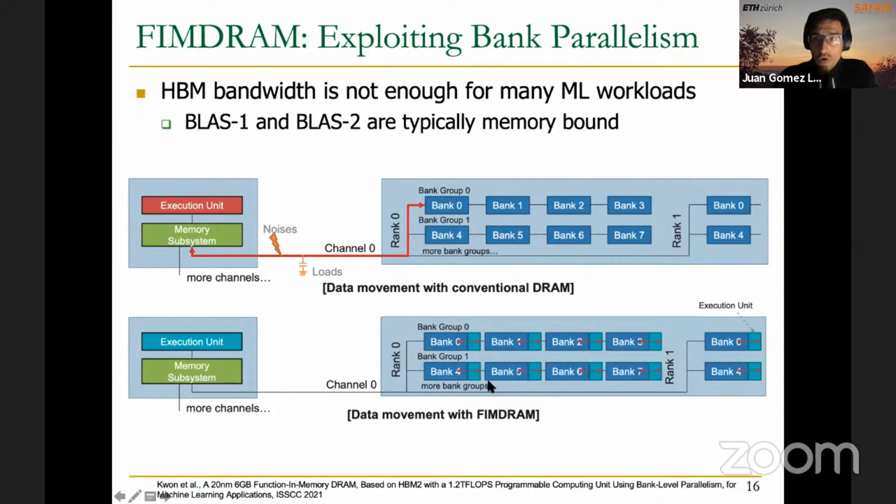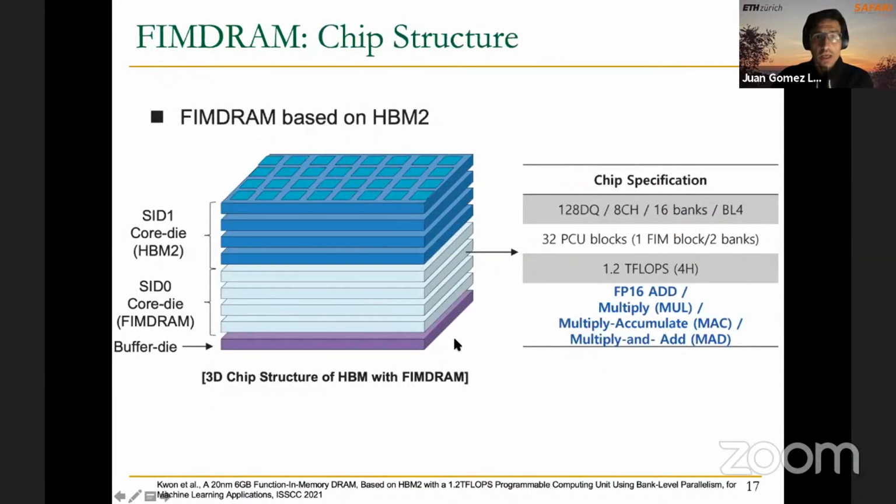We are moving to a more distributed approach where we have processing elements or execution units, which are these greenish rectangles that you can see here connected to each of the individual banks. And this is definitely the approach that FIM uses. You are probably already familiar with this figure because I think I've shown it in previous lectures.